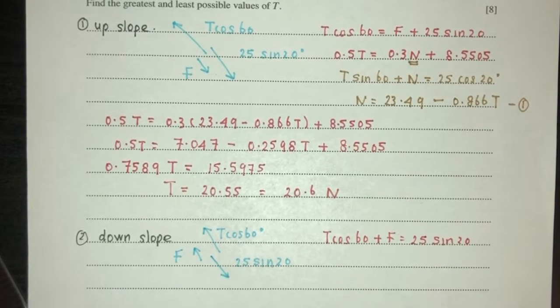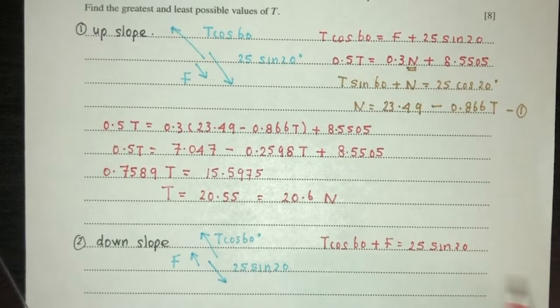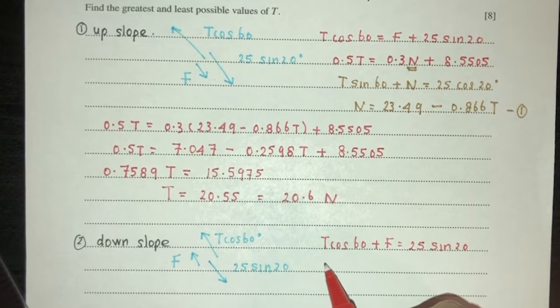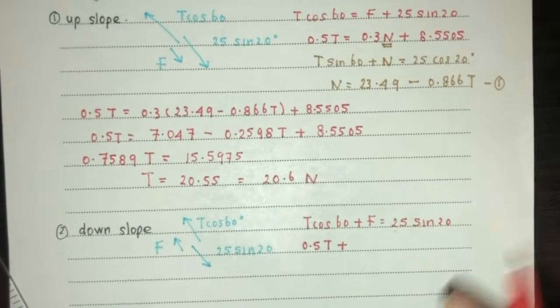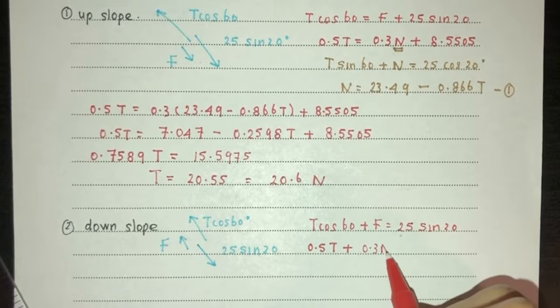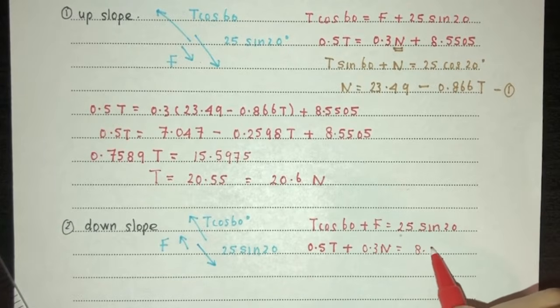Now simplify to see what we have. So here we have the same values, we can just replace. So let's do step by step, let's not get confused. So 0.5T plus F is equal to 0.3N. So let's write this down. Is equal to 8.5505.